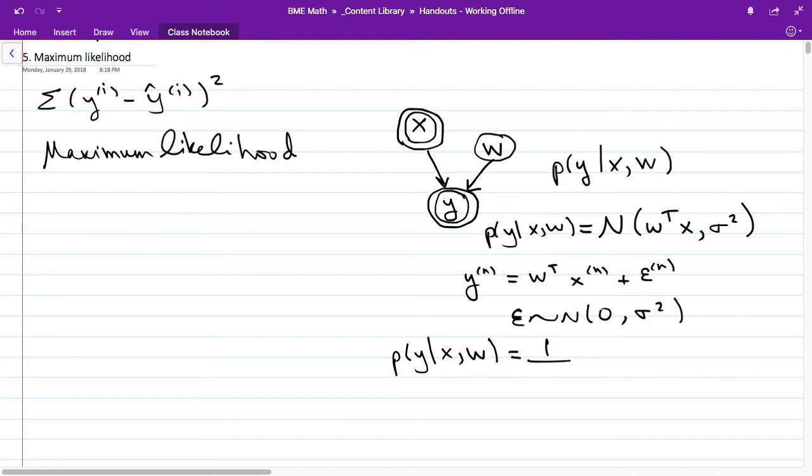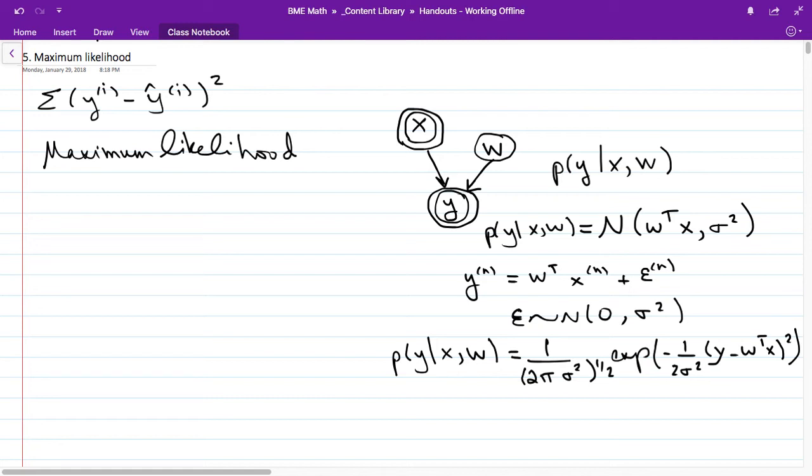And what is this normal distribution? It's 2 pi sigma squared to the 1/2 times this exponential minus 1 over 2 sigma squared, y minus w transpose x, squared. So this w transpose x tells me the mean of my distribution, and sigma squared, the variance of my noise, tells me about the width of that distribution.